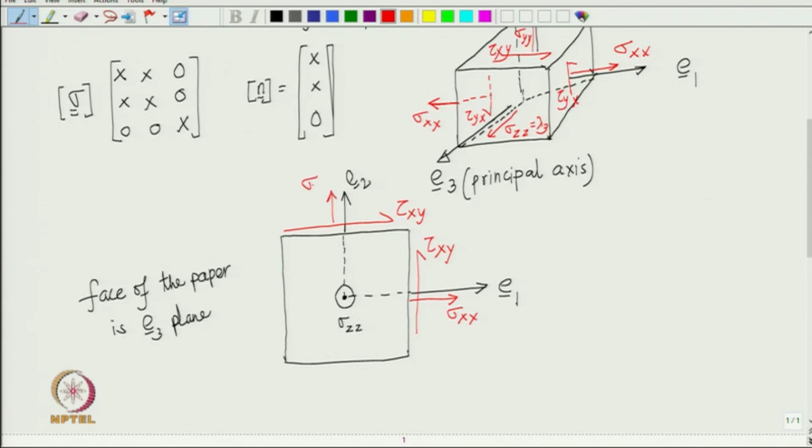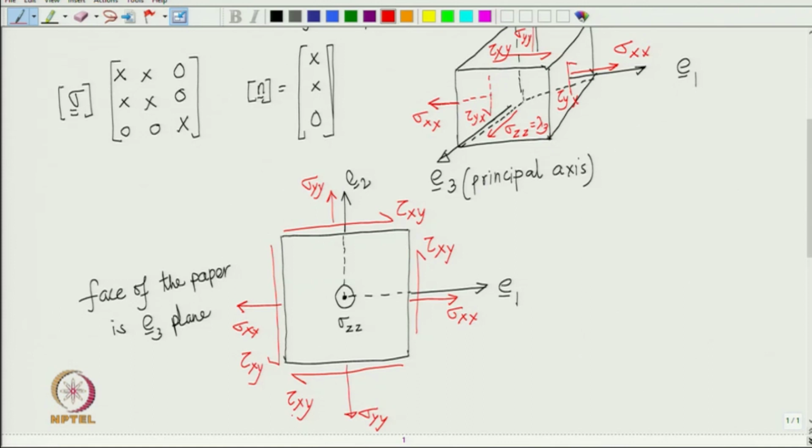and sigma yy. On the negative E1 plane we have sigma xx and tau xy. On negative E2 plane we have sigma yy and tau xy.